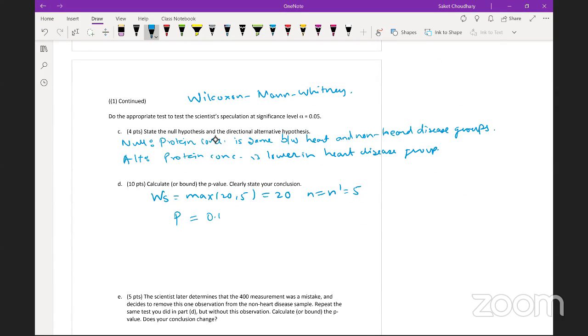So the p-value that we get is 151 by 2. Okay. And the next thing that we want to ask ourselves is what is the conclusion of this, right? And the conclusion for this is based on alpha equal to 0.05, which is definitely smaller than 0.075, right? This is what 0.075 is.